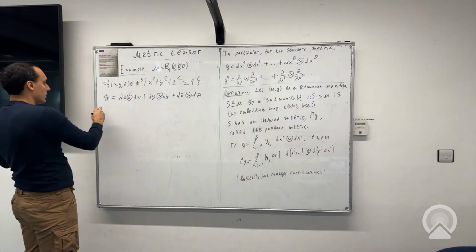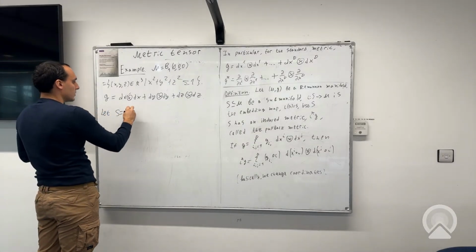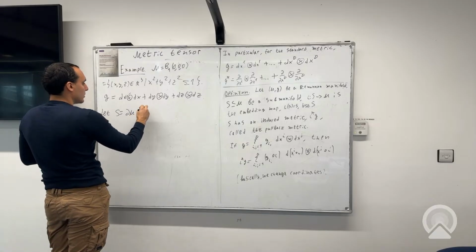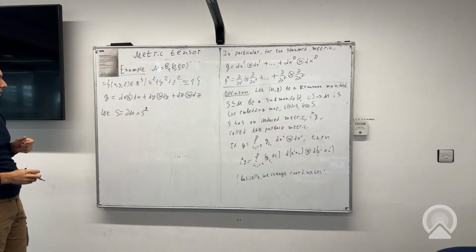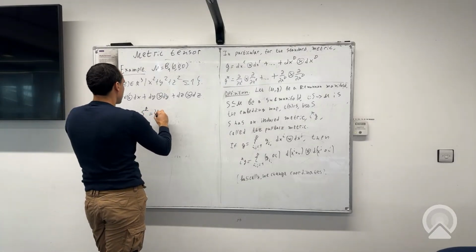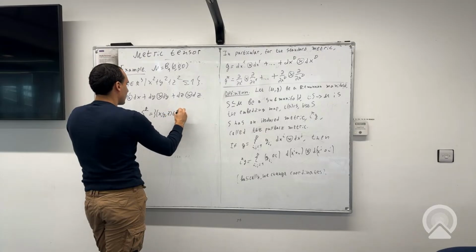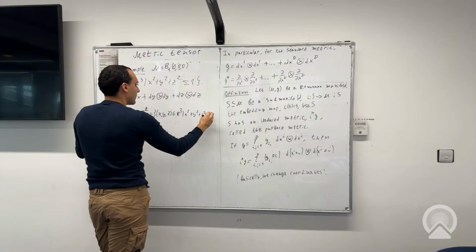Now let S be the boundary of M. So it is the unit sphere, S^2, again x squared plus y squared plus z squared equals 1.